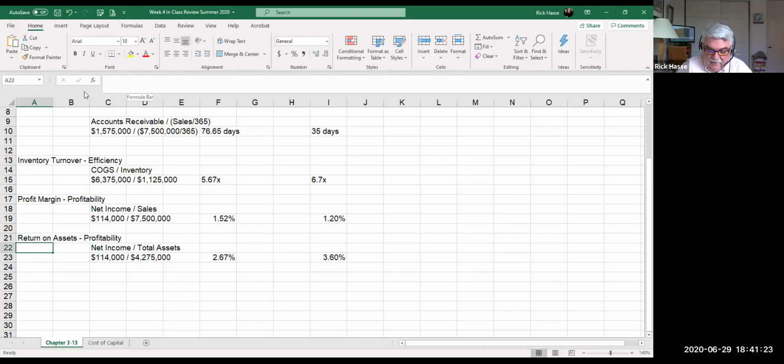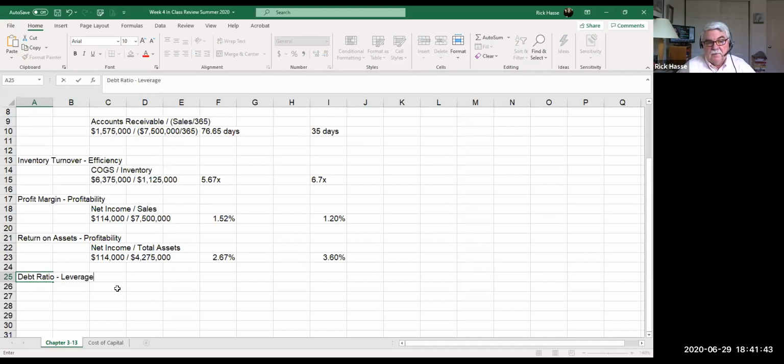And then we take a look at one of the most important figures that we'll be looking at. The next two is debt ratio. And this is a determination of the company's leverage.